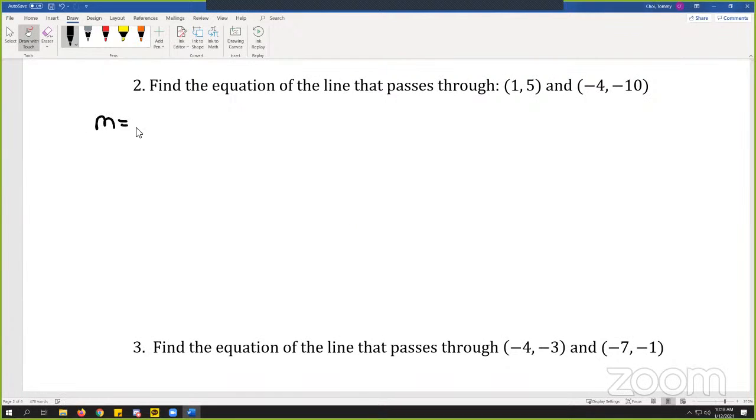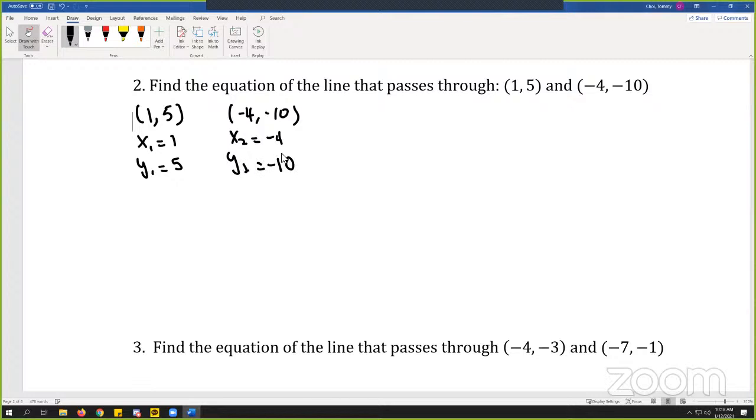So first point, 1, 5. We say x1 is 1, y1 is 5. For the second one, negative 4, negative 10. X2 is negative 4, and y2 is negative 10.